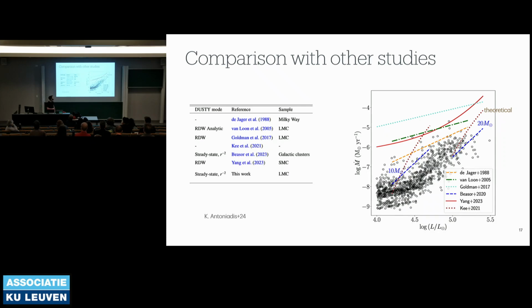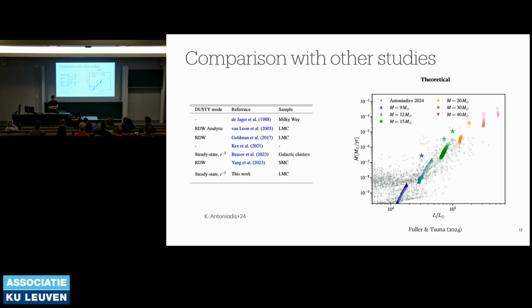And then also with Kee et al. 2021, which was the first theoretical prescription, assuming that turbulent pressure is the mechanism. And then you can see the other 3 lines by Yang et al., and Van Loon or Goldman, that are much higher. And this is because they assume this radiatively driven wind mechanism, as I mentioned.